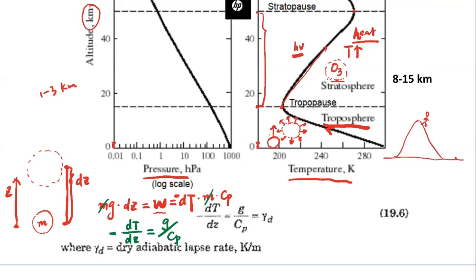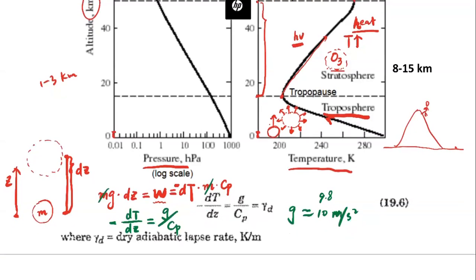If you further check the value for g and Cp, we know that g is around 10 meters per second squared, or actually it's 9.8, right? And Cp is around 1,000 joules per kilogram per Kelvin.